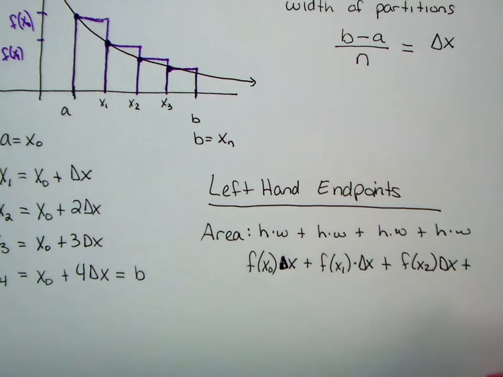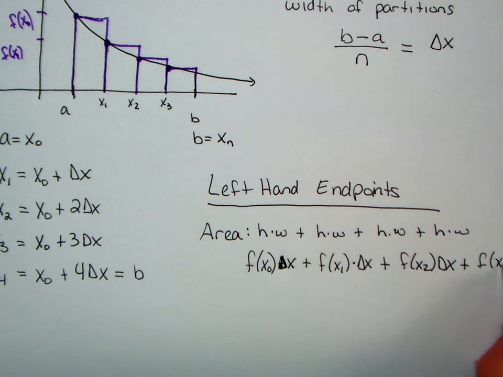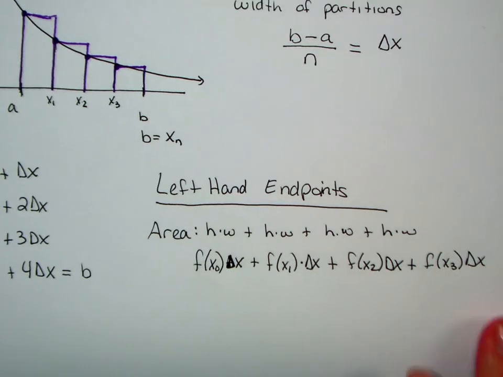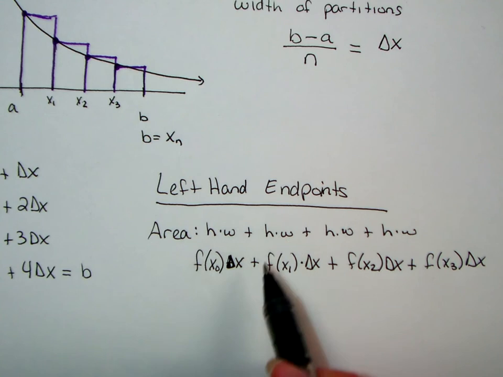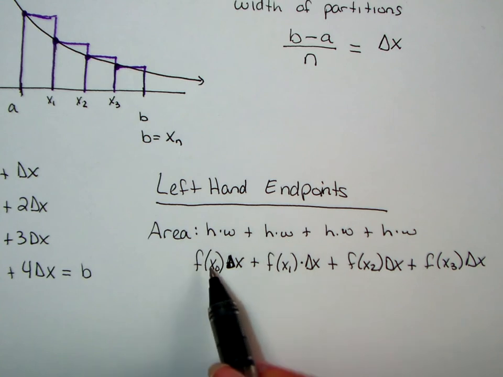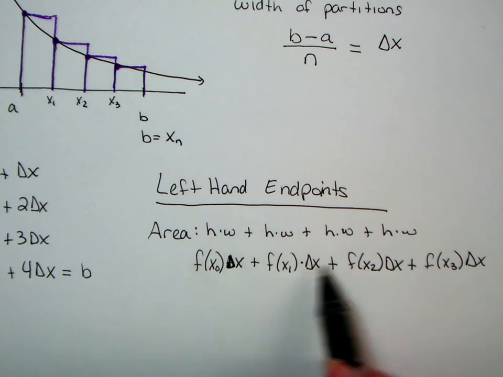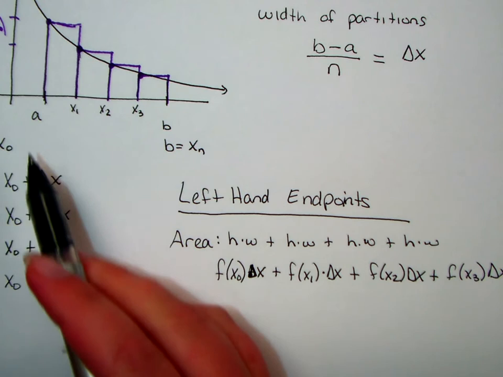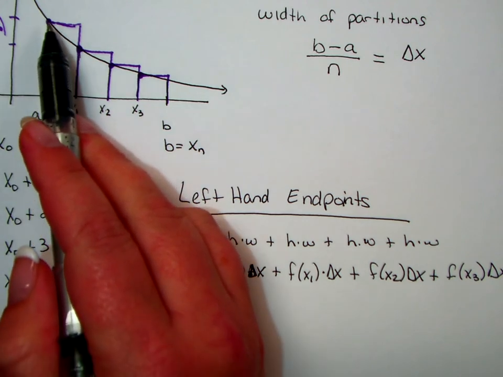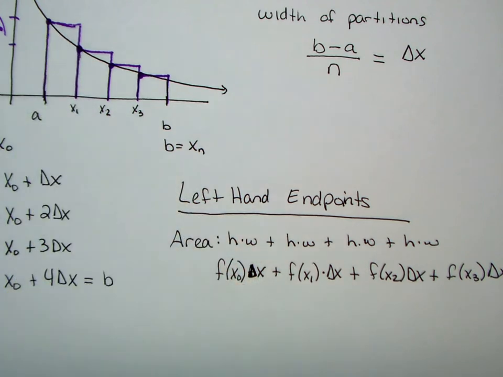So we're going to get the function at x sub 3 times delta x, right? So when we calculate this area using left-hand endpoints, we're just getting height times width plus height times width, but the height is what the height is at the left-hand side of this rectangle, right?